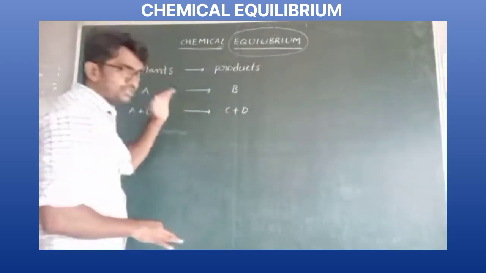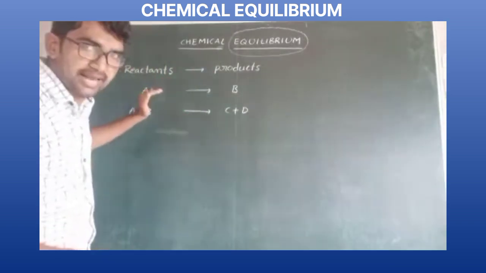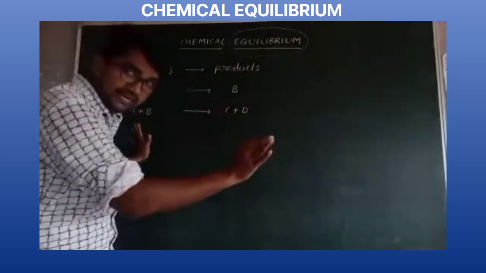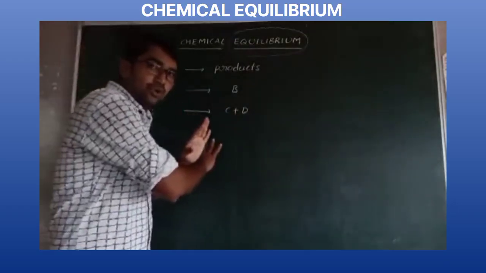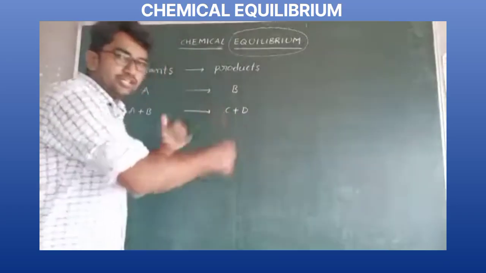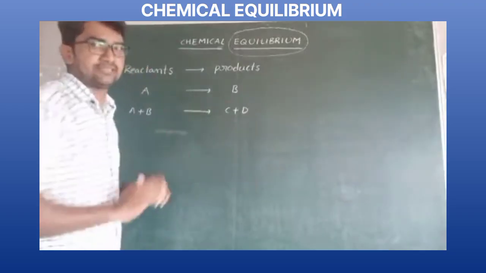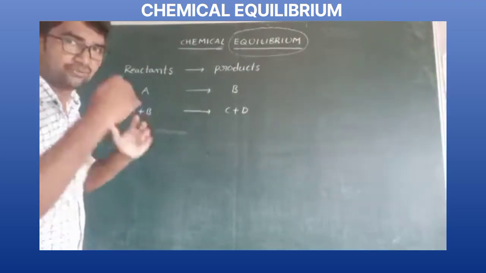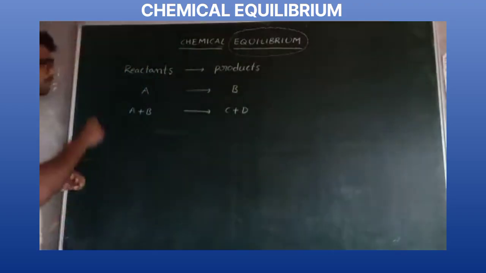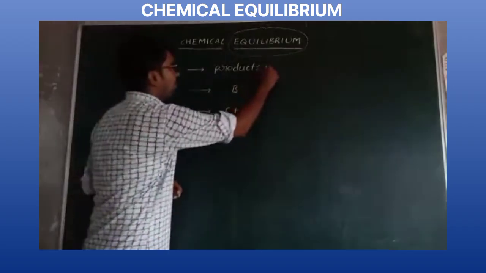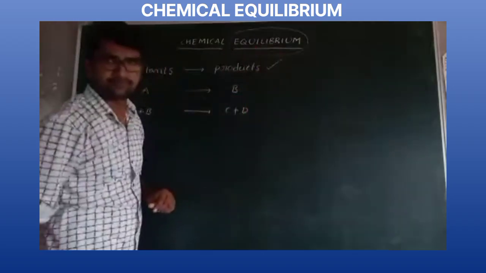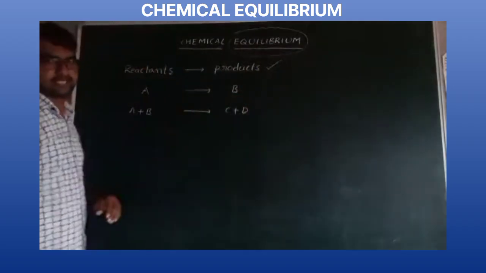In some reactions, the total reaction is completed. Completed means there is no continuation; we observe the end of the reaction. So in most such cases, only products are present. There are no reactants.